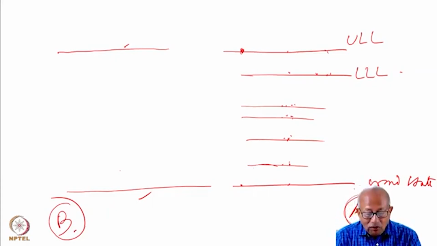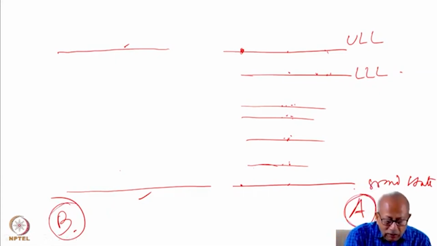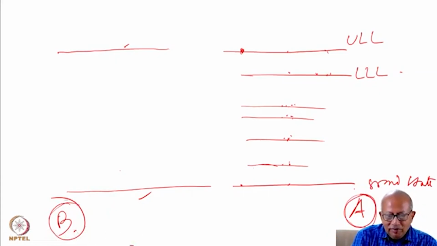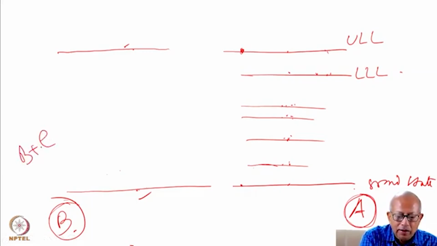Now the electrons in the discharge will collide with both B and A. If the electron collides with B, because there is no other level between these two, most of the collisions will bring it to this state.